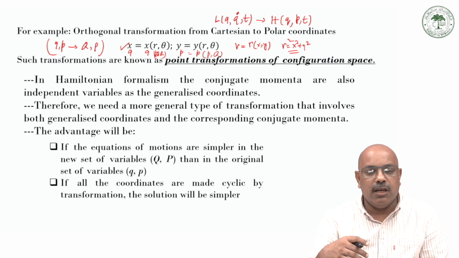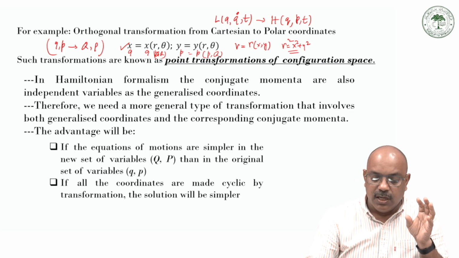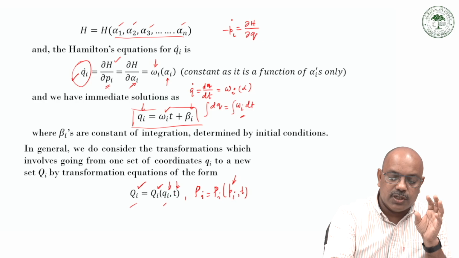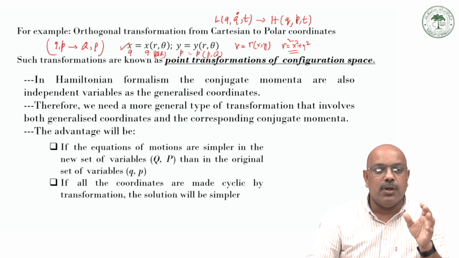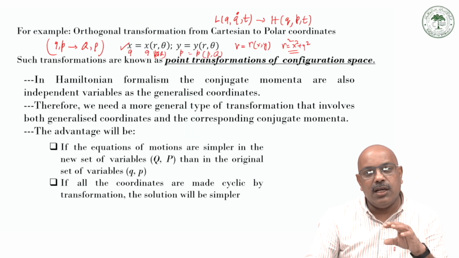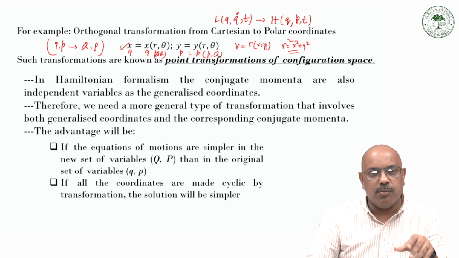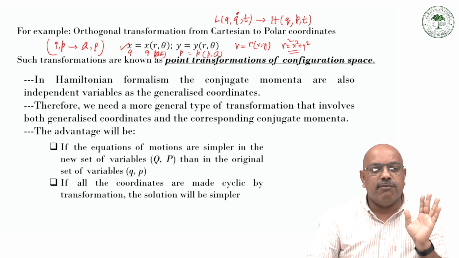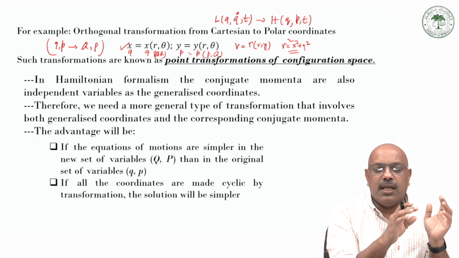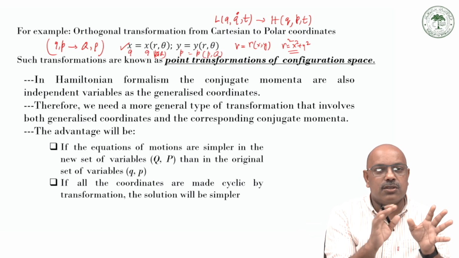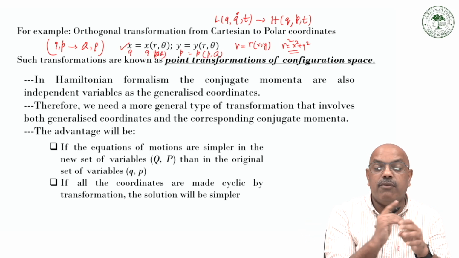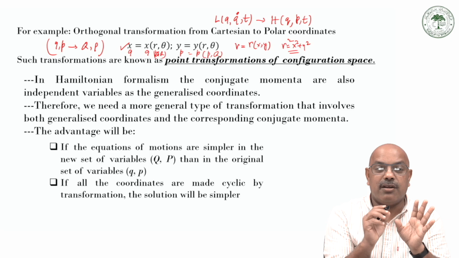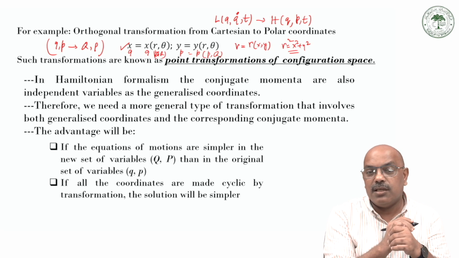Okay, so if I transform small q to capital Q, and correspondingly the momenta get transformed from small p to capital P, what is going to be the advantage? If the equations of motion are simpler in the new set of QP than in the original qp, this is going to be an advantage. Second, if all the coordinates are made cyclic by the transformation, the solution will be simpler.